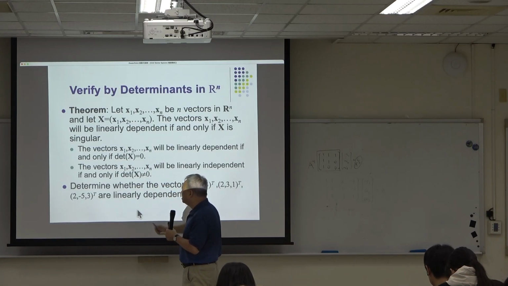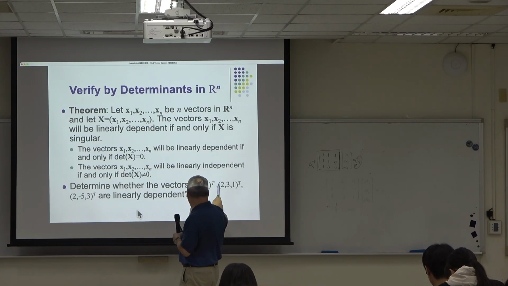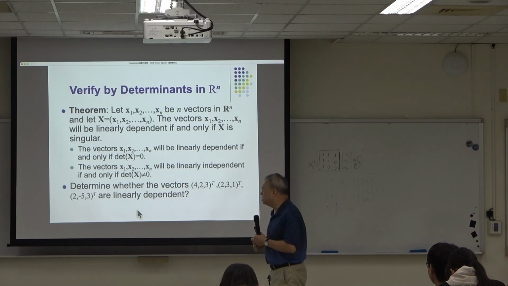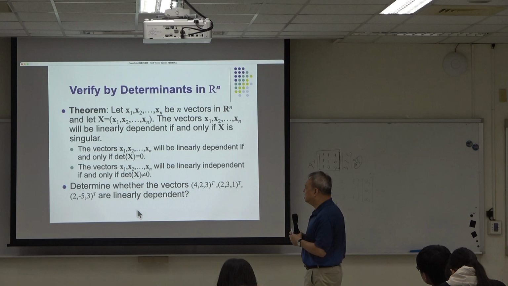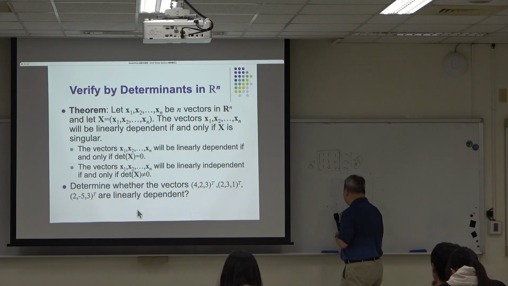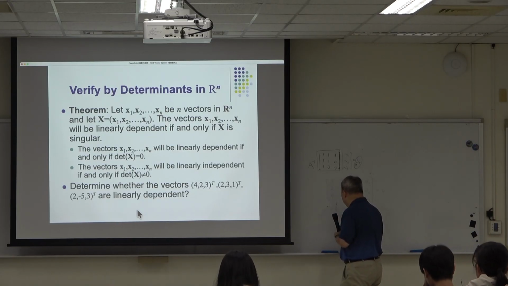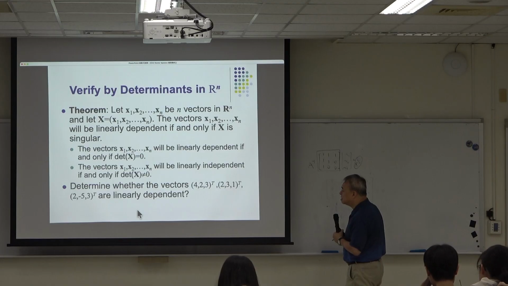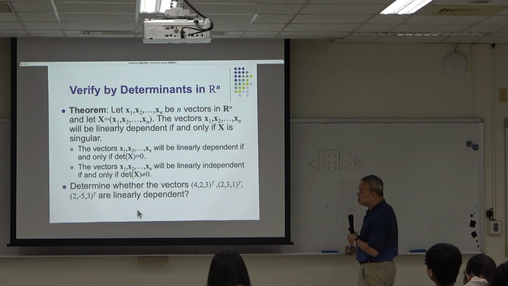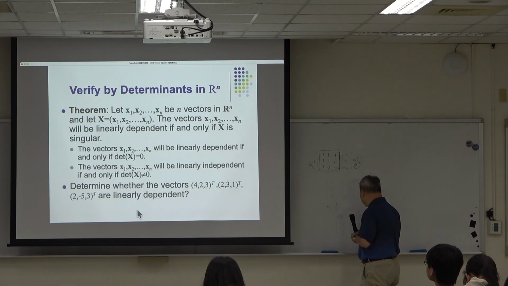Okay. So determining whether the vectors 4, 2, 3, and 2, 3, 1, and 2, negative 5, 3 are linearly independent. Again, you just need to check the determinant of these 3 vectors. Just try to get the determinant.